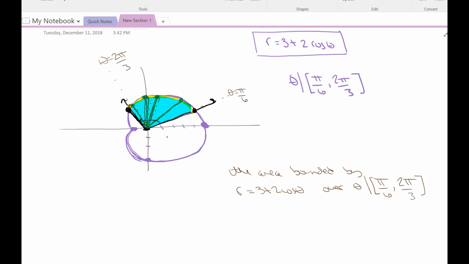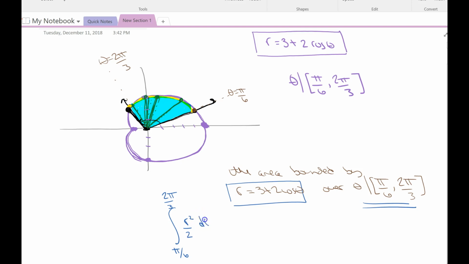But this shaded area here, in general, well, let's do the specific first. The area bounded by r over this interval of theta is given by this integral expression. The definite integral from pi over 6 to 2 pi over 3 of r squared over 2, and what's the dummy?